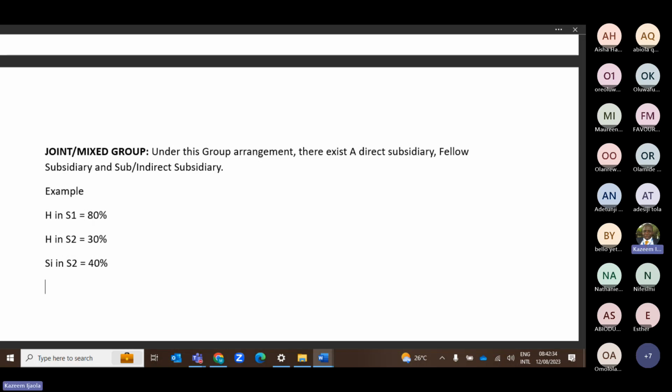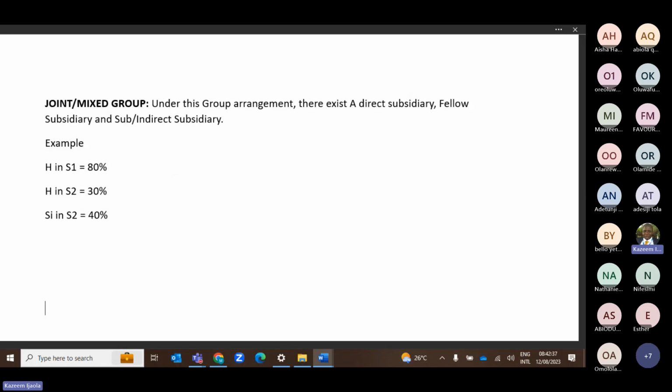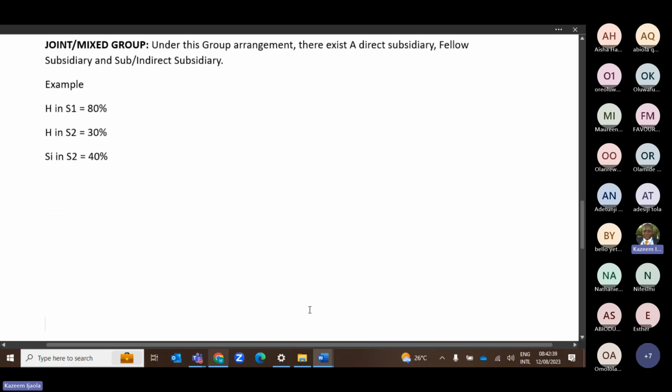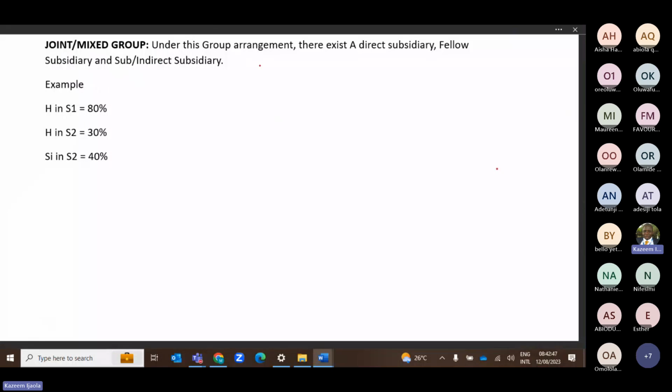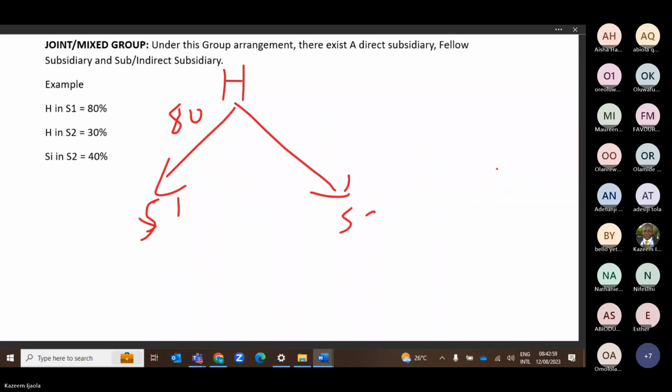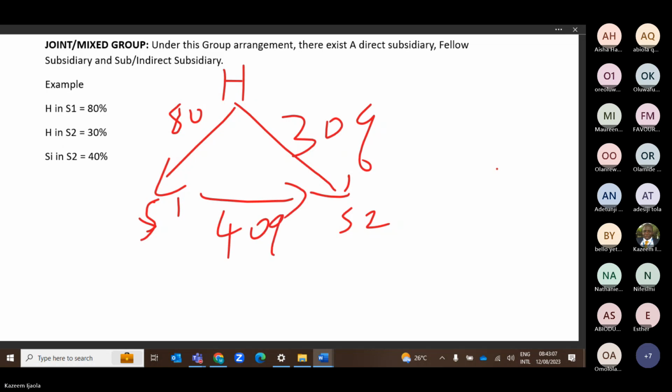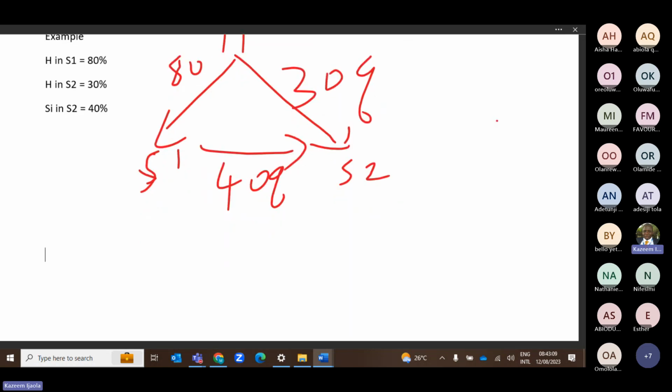Let's analyze this together. We have the parent H in X1, which owns 80. Then H also in S2 owns 30. Then we have X1 in S2, 40. This is exactly what we have here.